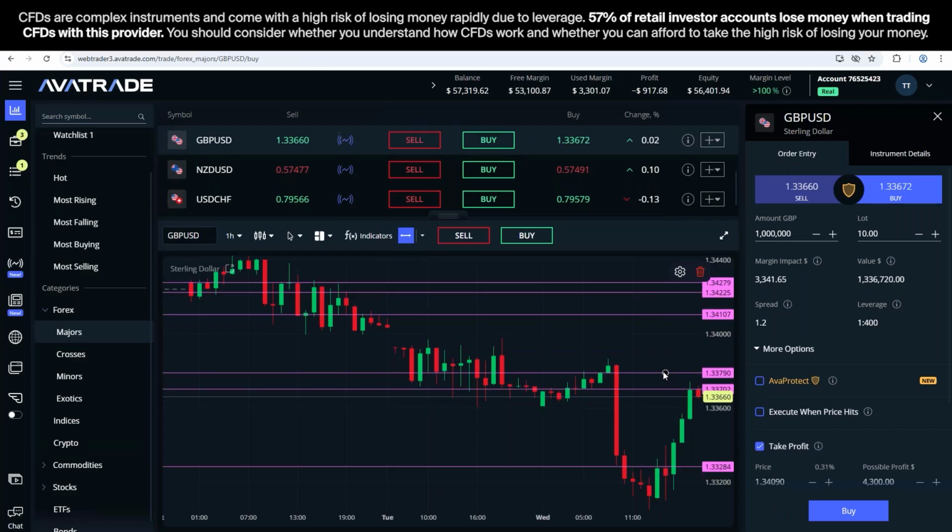If it gets to say 133.80 or so, then it's broken this old support level, which would be well back above that, indicating a technical uptrend again, above what is now a resistance level.